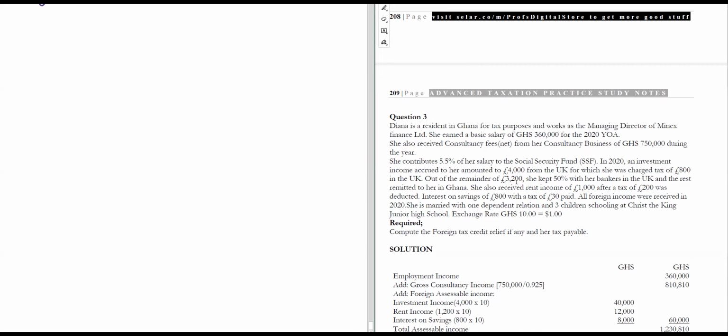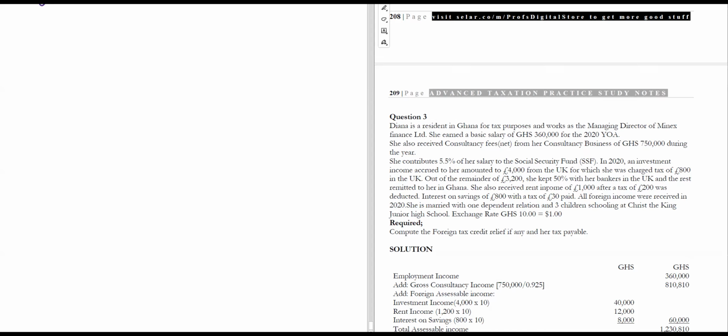In 2020, an investment income accrued to her amounting to £4,000 from the UK, for which she was charged tax of £800 in the UK. Out of the remaining 3,200, she kept 50% with her bankers in the UK, and the rest was remitted to her in Ghana.